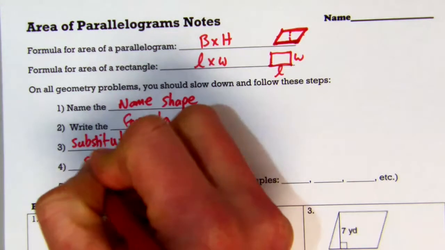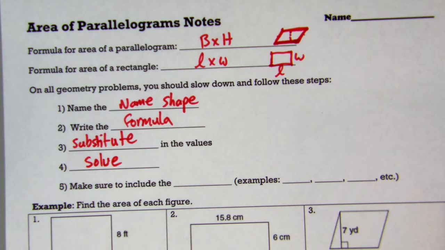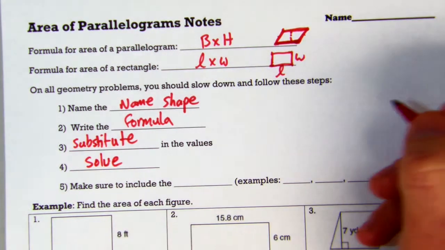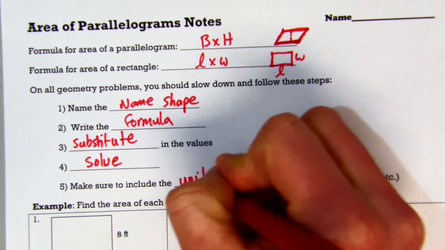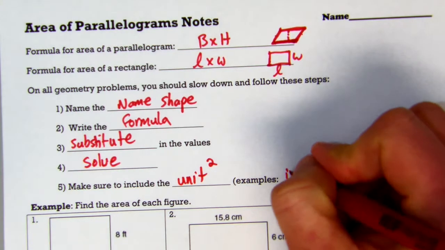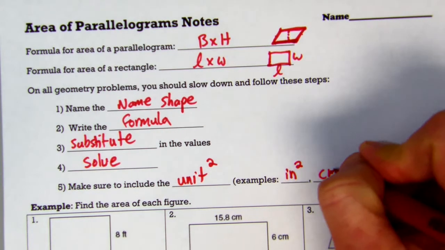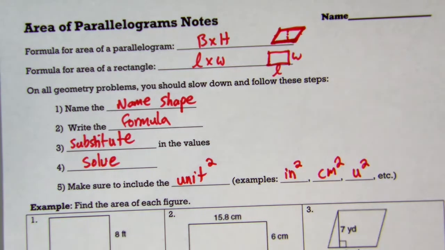Number four, solve. And lastly, make sure we include our units, and it's going to be squared units. For example, inches squared, centimeters squared. If there's no unit, we're going to use u squared for unit squared.